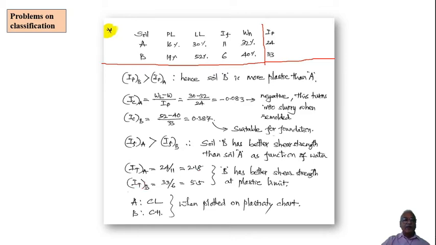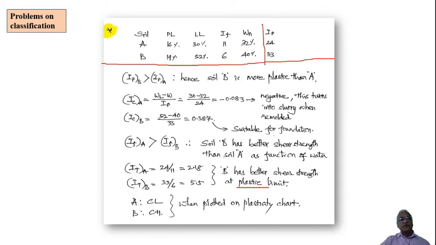IT of B, toughness index of B, the formula for this is IP by IF, calculated as 5.5. Comparing these two, soil B has better shear strength at plastic limit. Toughness index indicates the shear strength at plastic limit. That's what you can observe.